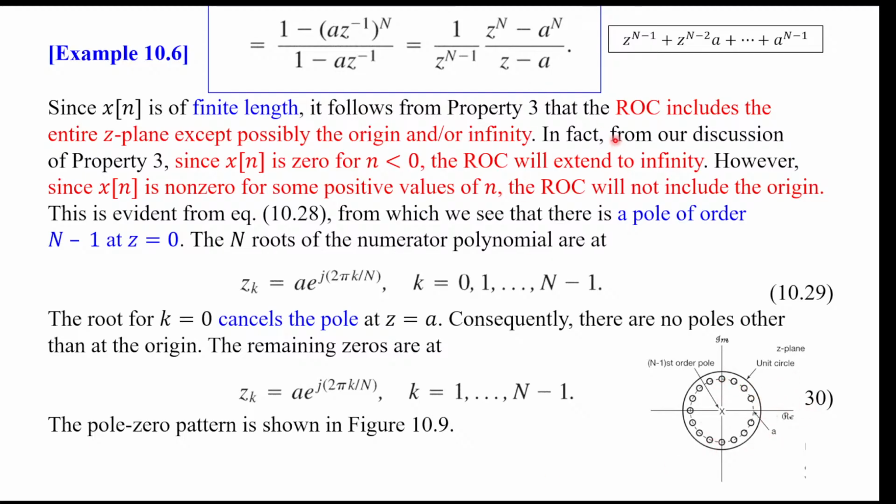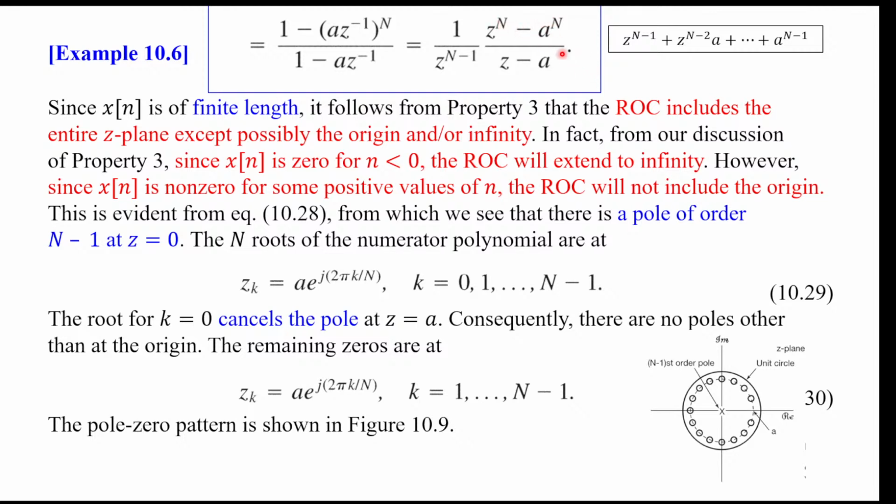That is, there is a pole and zero cancellation happening at z equal to a, because z equal to a is a pole from this z minus a. But z equal to a is also a zero from this z to the n minus a to the n, because a to the n minus a to the n is also 0. And so if you try to factor this z to the n minus a to the n, it actually equals z minus a times this polynomial.